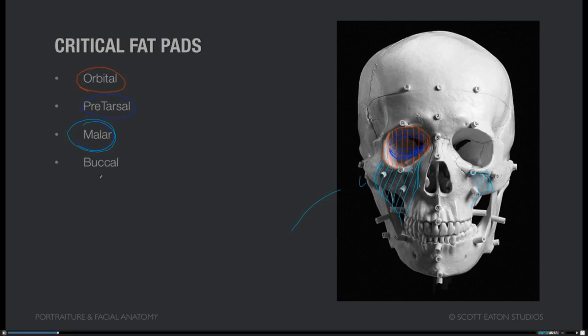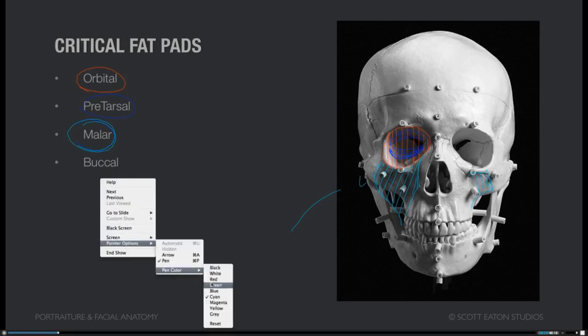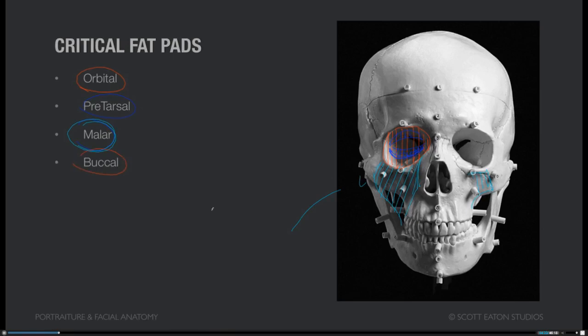Okay, next is something called buccal fat, and buccal fat lives in this pocket right here behind the masseter, right? So we have teeth, we have our cheek on the inside, and there's a muscle in there called the buccinator, which pulls our mouth side to side. When you're pushing food against your teeth, buccinator is what's doing that.